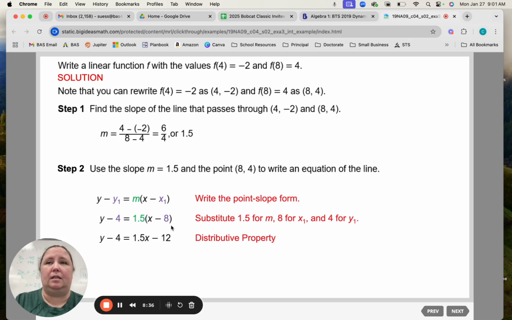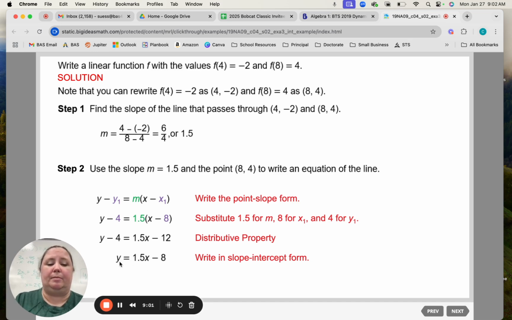Are we writing this in point slope form? What are we writing this in? Function. So it needs to be in y-intercept form. So we need to distribute. 1.5 times x, and 1.5 times 8, or 3 halves times 8, is negative 12. And then we need to move the 4, so add 4. Negative 12 plus 4 becomes negative 8.